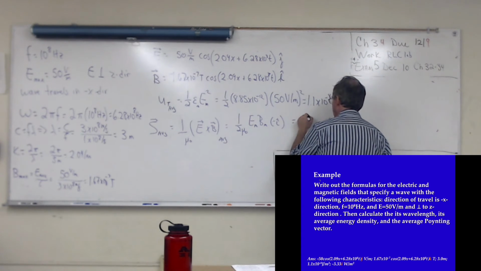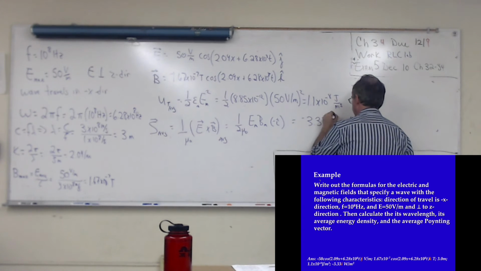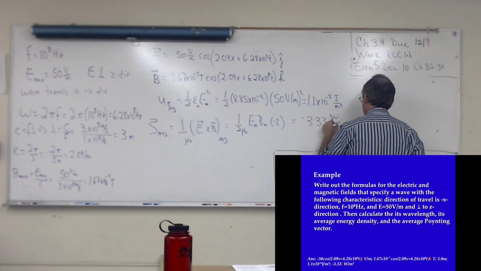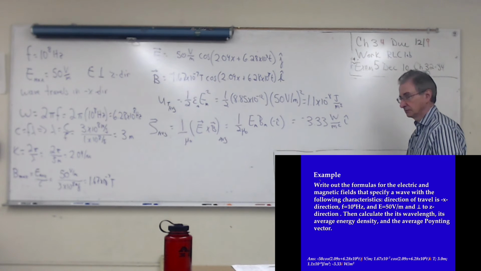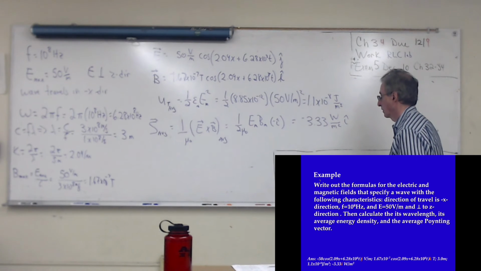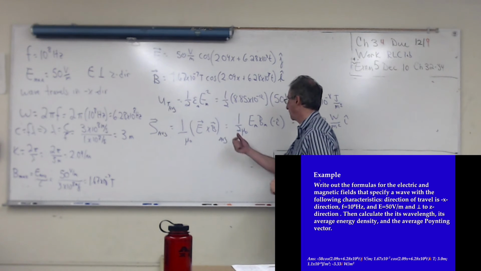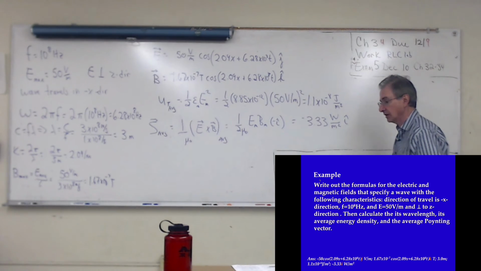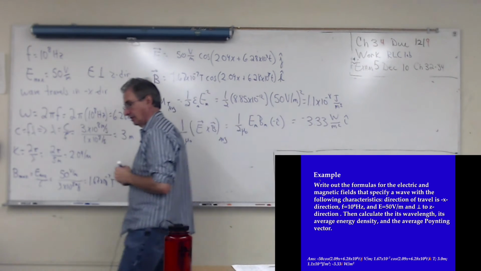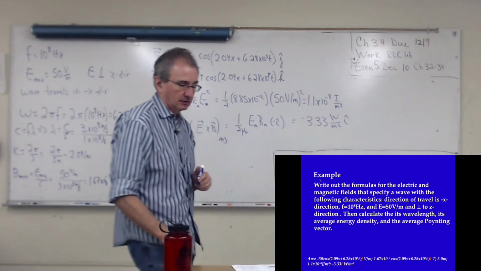And this is going to come out to minus 3.33 joules per, or let's do it in watts per meter squared. When I take the average of E cross B, I'm going to get the 1/2 out. Questions on this? Okay.